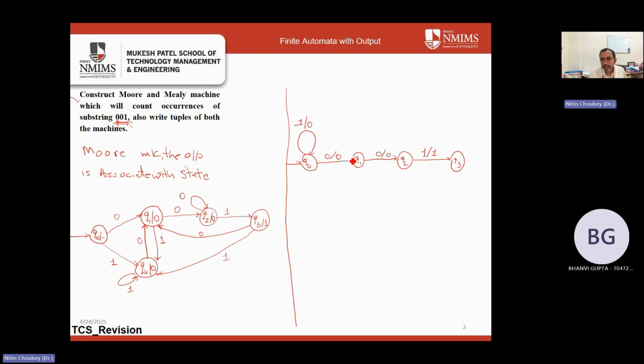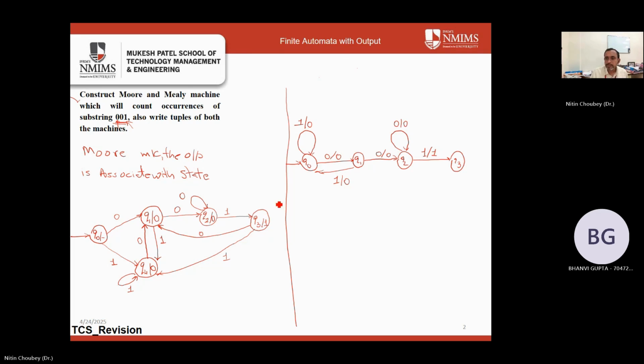Then here, if we get 1, we go back to the place wherein we are looking for 0, 0, 1 again. If we get 0 here, the same explanation which I gave can be applied here for 0.